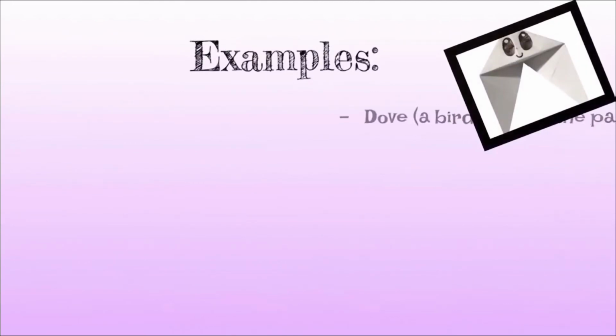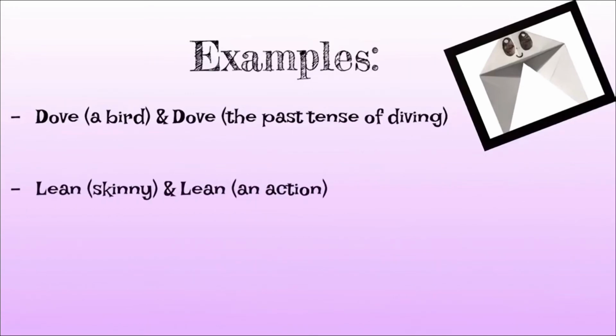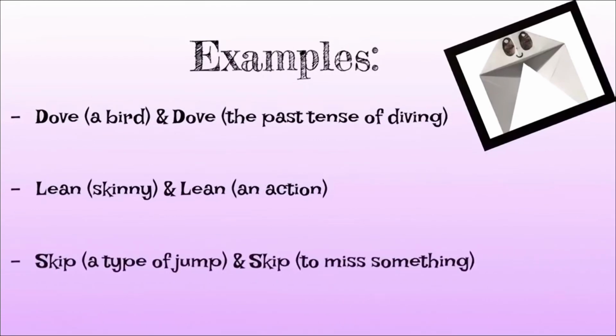Examples: dove, a bird, and dove, the past tense of diving. Lean, skinny and lean in action. Skip, a type of jump, and skip, to miss something.